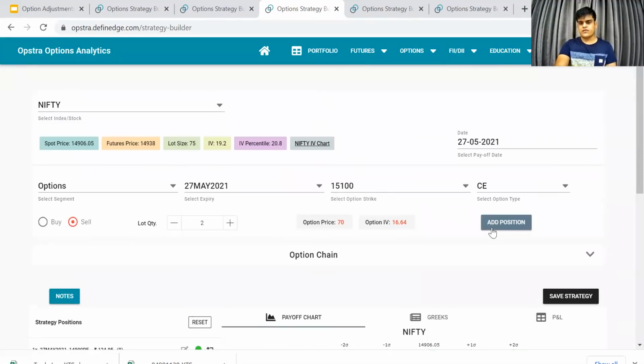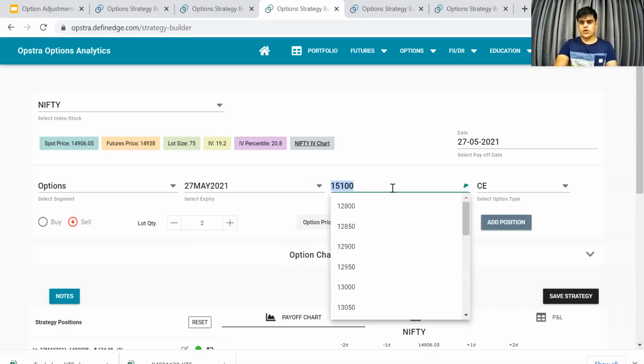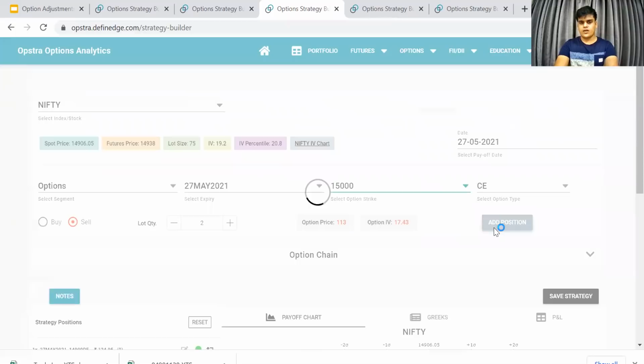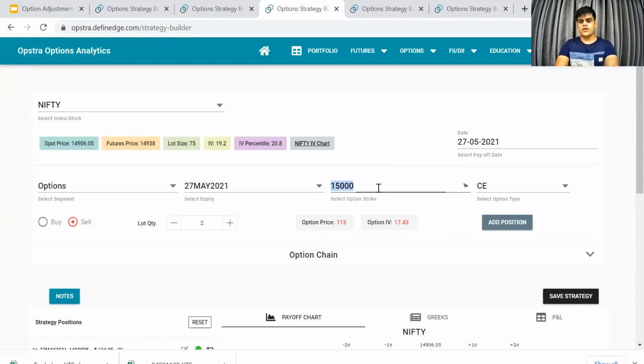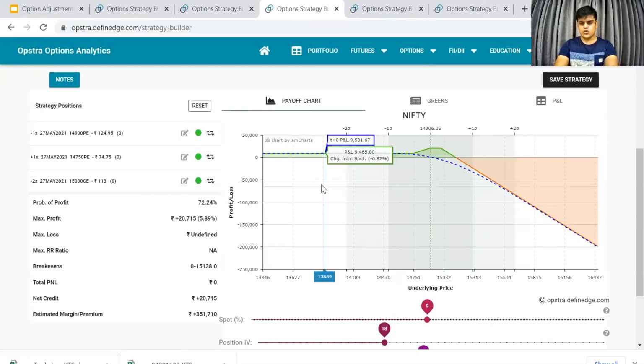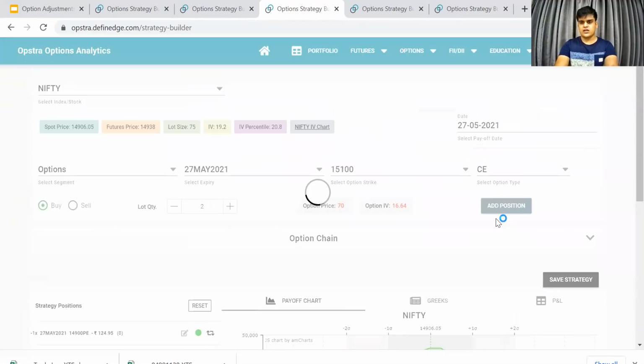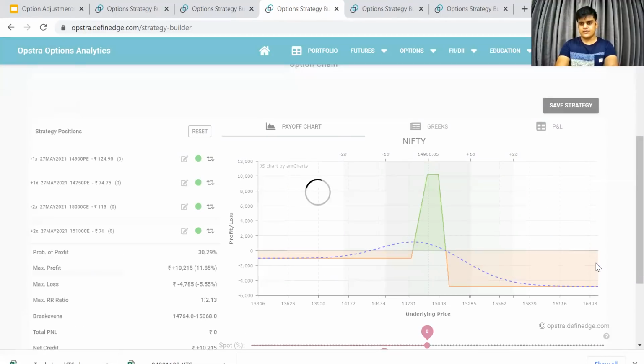Suppose you can sell a 15,000 call and you can buy a 15,100. So basically a call spread on the upside. What this will do is, you can see that there's no loss on the downside, but unlimited loss on the upside. So if I buy this, the loss will be also limited on the upside.